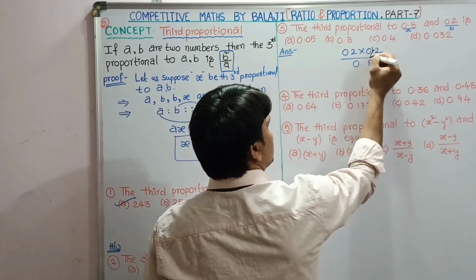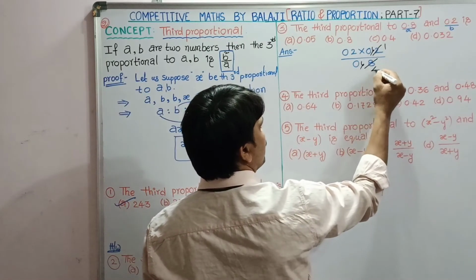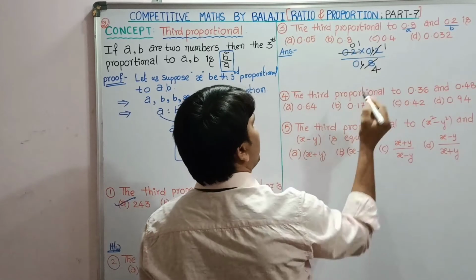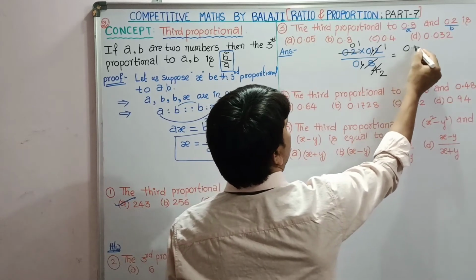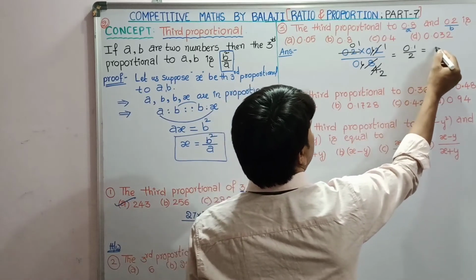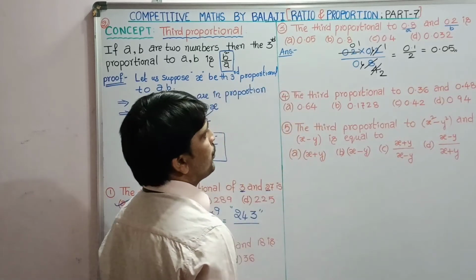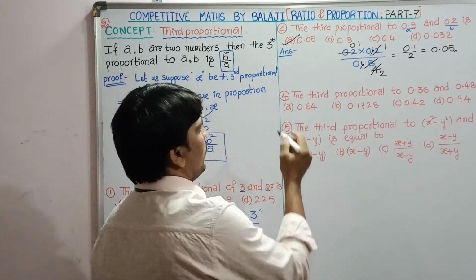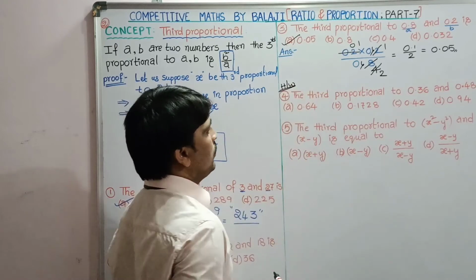Remove the decimal point in the numerator and denominator. 2 ones are 2, 2 fours are. Again, 2 ones are 0.2, 2 twos are 4. 0.1 by 2, half of 0.1 is 0.05. That is the third proportional to 0.8 and 0.2. So the answer is A. In the same manner, the fourth question is for you people.